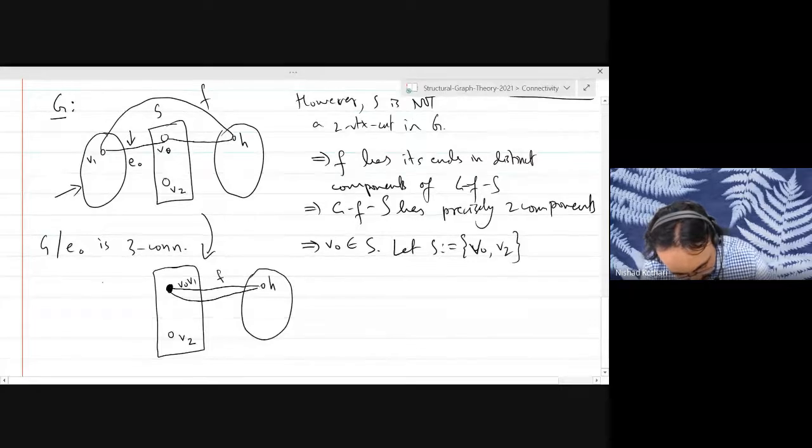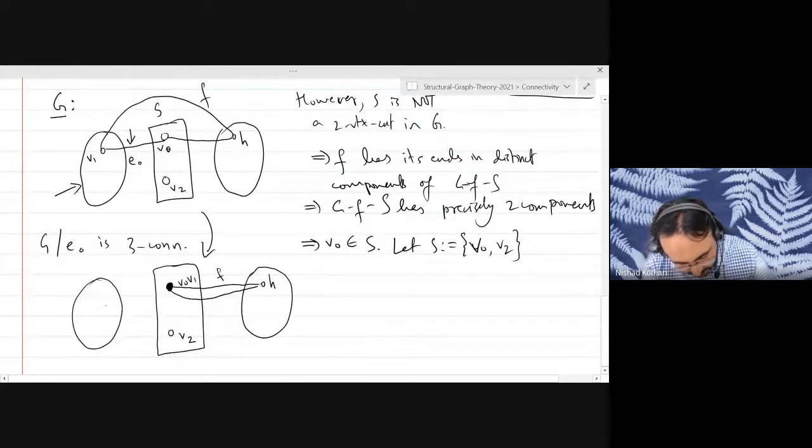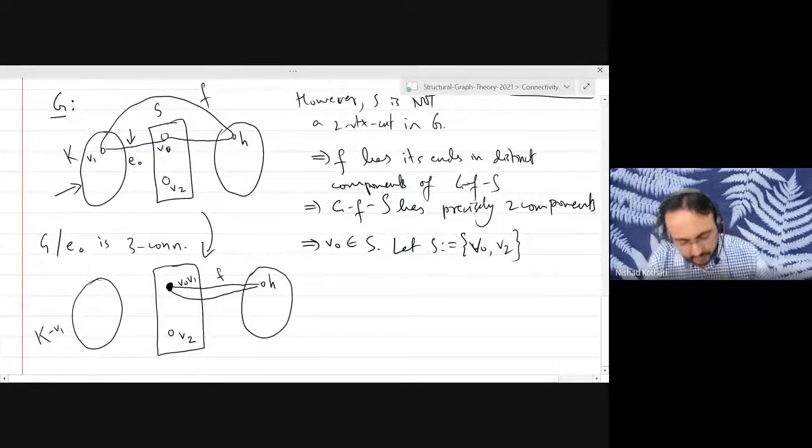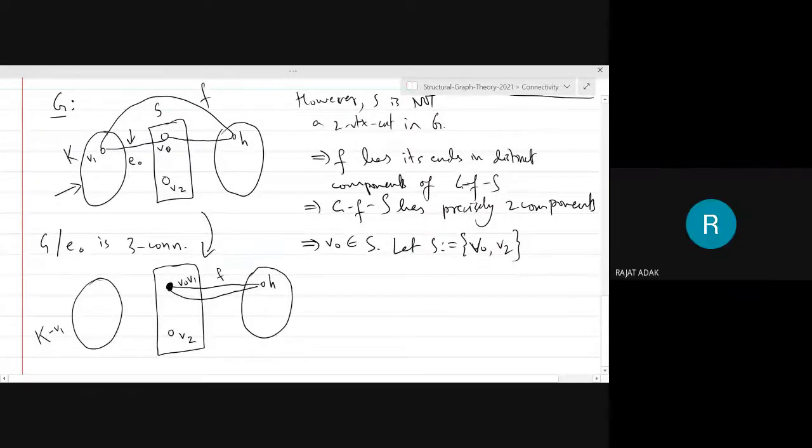And what about the stuff here? If there is stuff here, what is this going to be? If this component is K, this will be the vertices of K minus V1. I guess K contains only V1. Exactly.